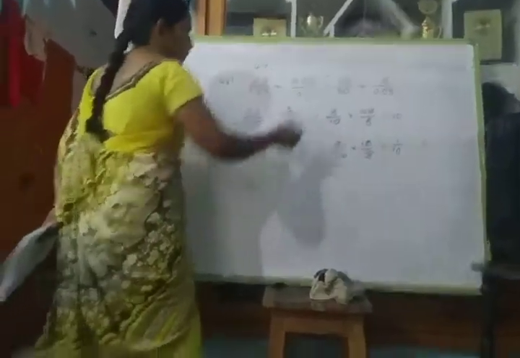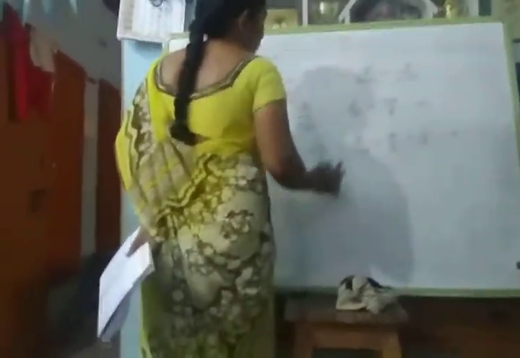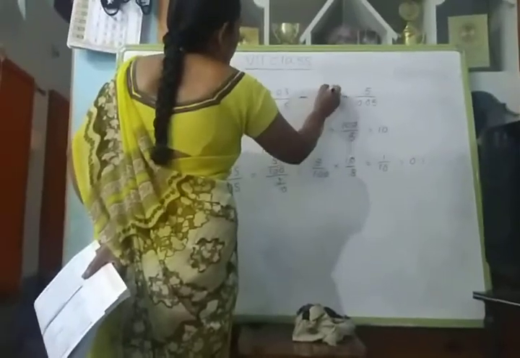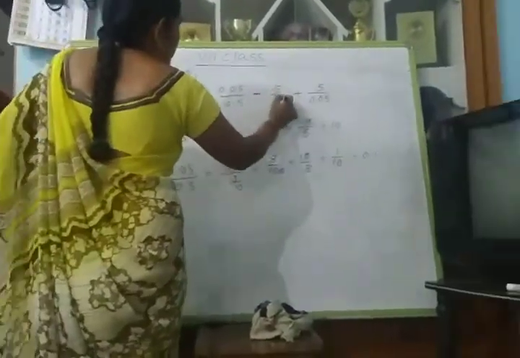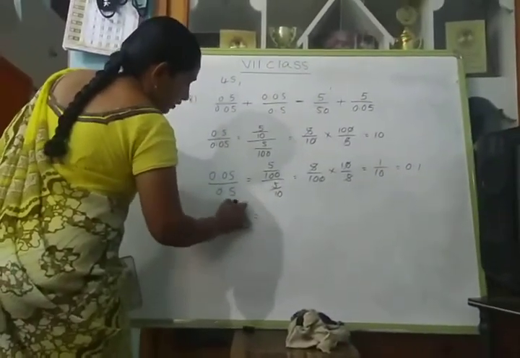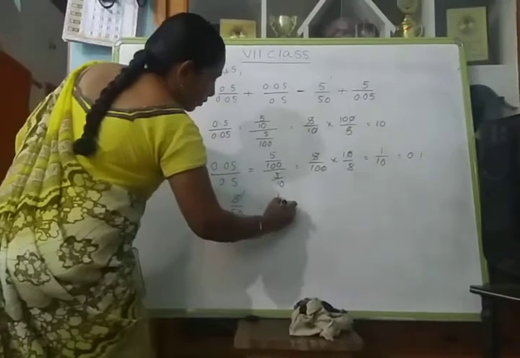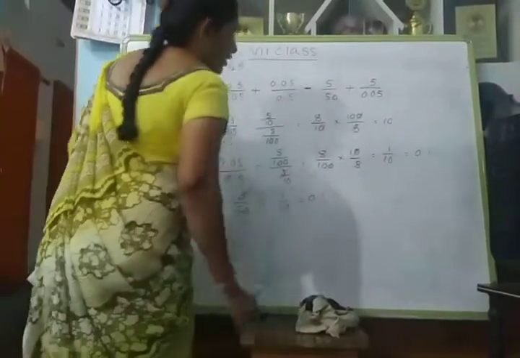Next one, here also we can simplify. 5 ones are 5, 5 tens are 50. Separately we will simplify 5 by 50, which is given. So 5 by 50 means 1 by 10, which is nothing but 0.1.